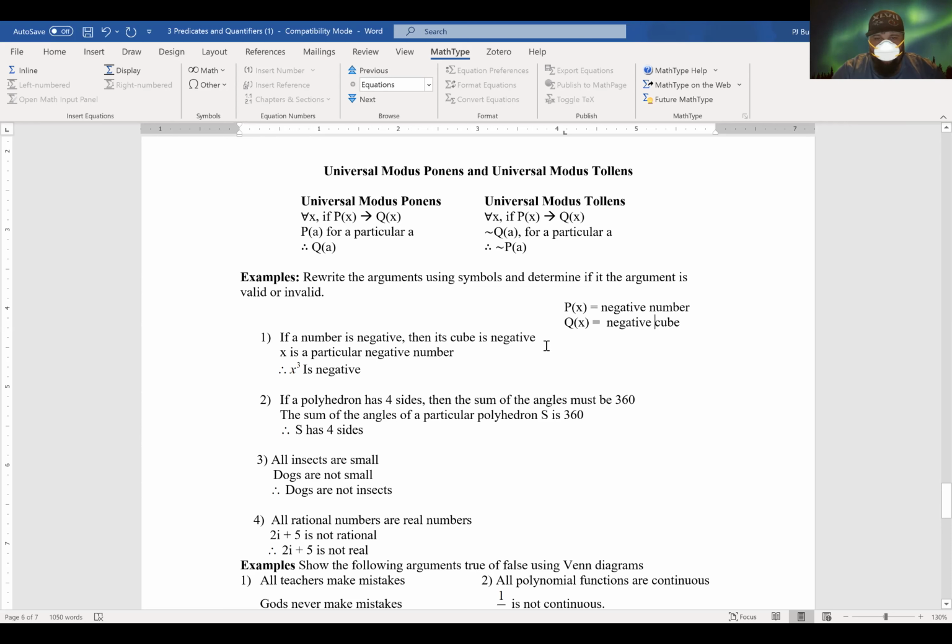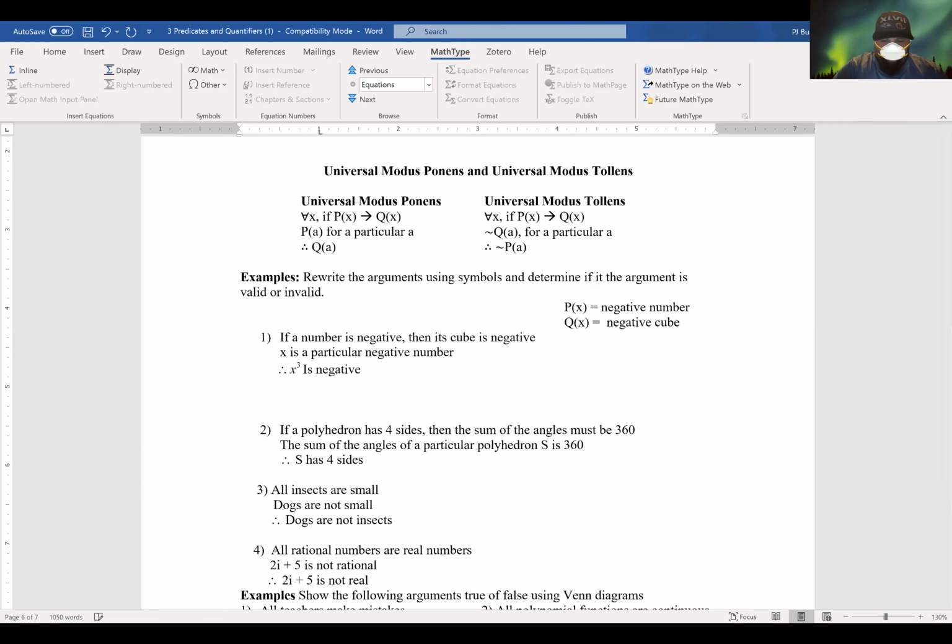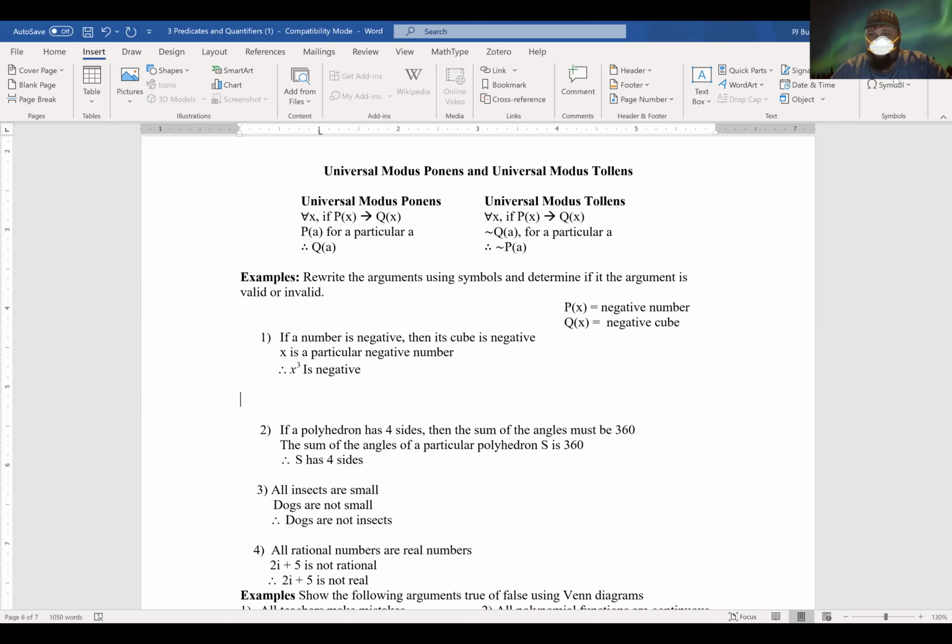Okay, so let's break this down. So obviously, even though it's P implies Q, because we're in the quantifier section, we have to start with some for all.